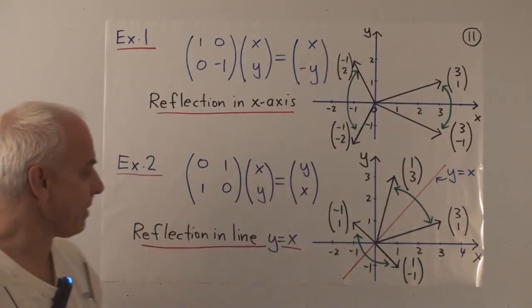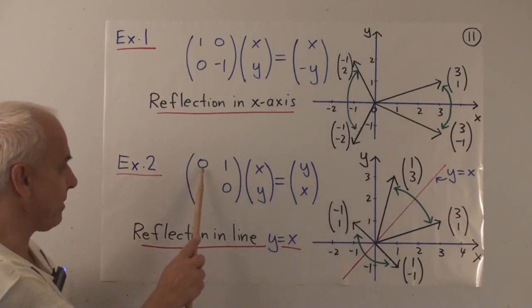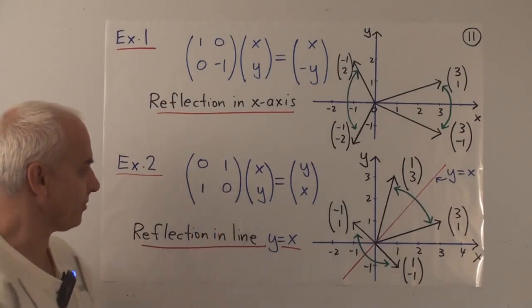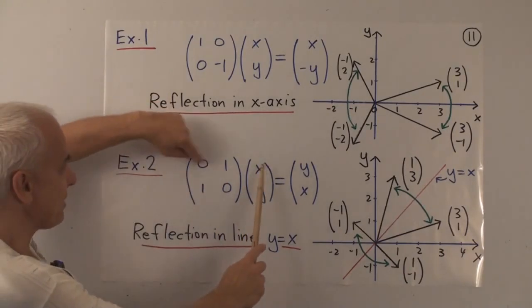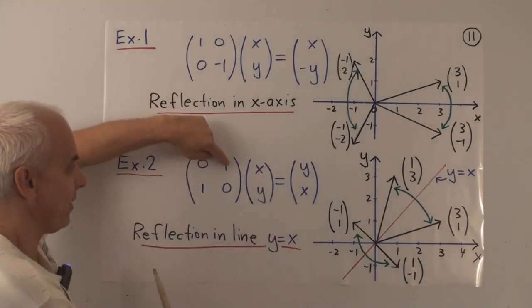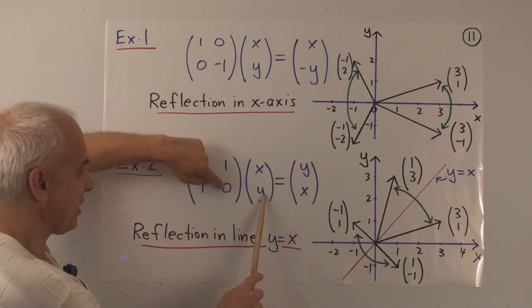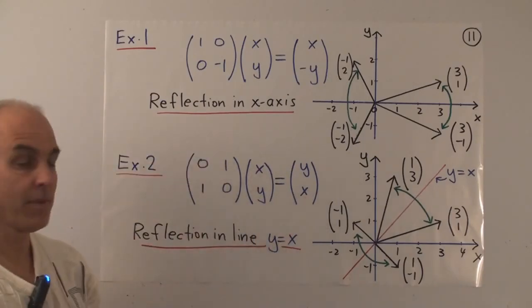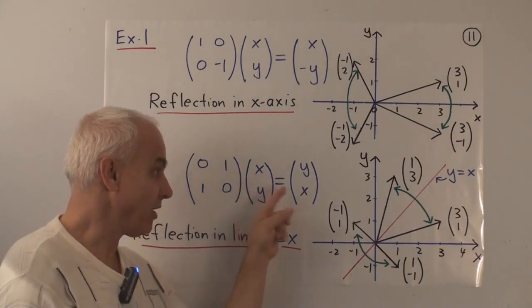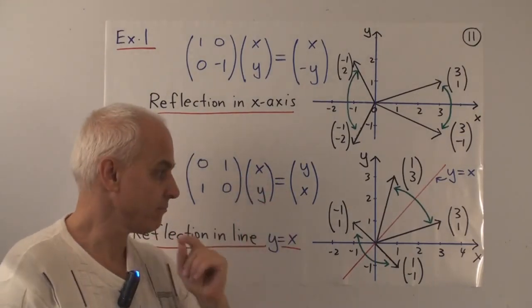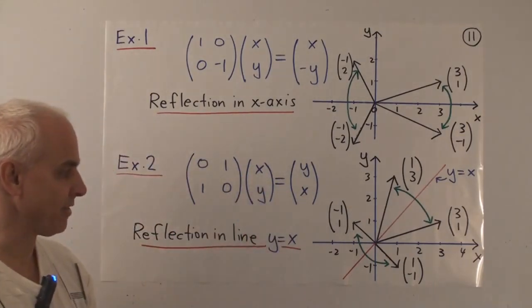Here's another example, example number 2, where our matrix is the matrix [[0, 1], [1, 0]]. Let's multiply that by (x, y). 0 times x plus 1 times y, that's y. And 1 times x plus 0 times y, that's x. So multiplying by this matrix takes the vector (x, y) to the vector (y, x). What does that do geometrically?